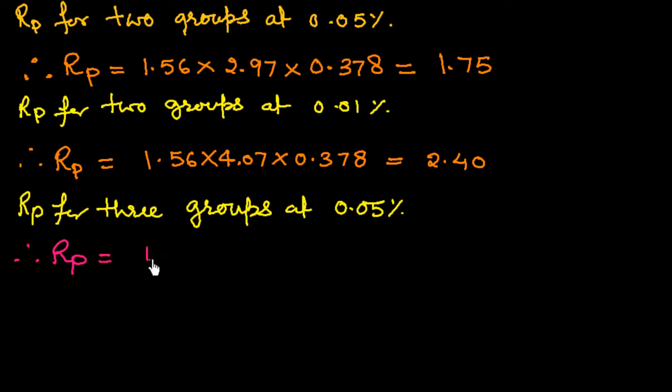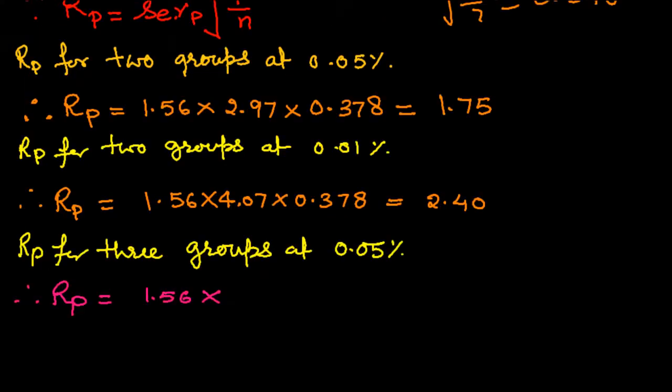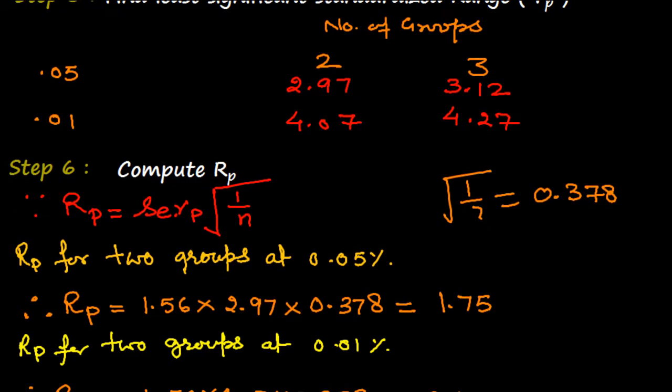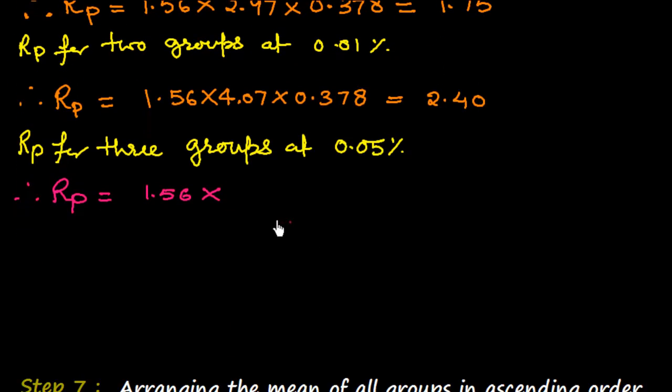RP is equal to 1.56, which would be the same. For three groups at 5% we see 3.12. So we write down here 3.12 and 0.378.